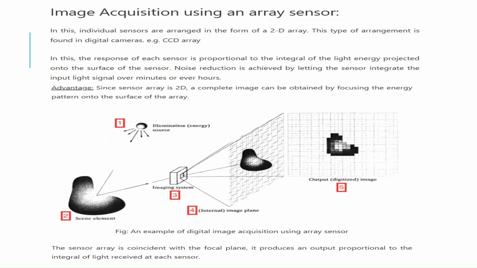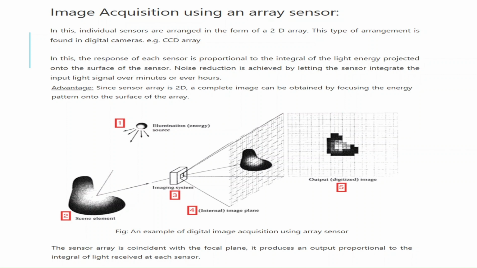In this, we can see the illumination source, that is our energy, being transmitted onto the scene element that is to be processed as an image, and the imaging system captures the energy, and the energy is then projected onto an image plane, which is done internally.